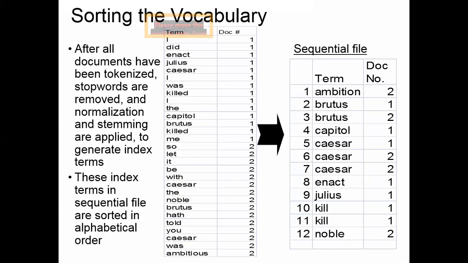In our case, we have to ignore I, did, was, the, so, let, it, be, with. In general, these are words which have minimal discriminatory power to tell one document from another.